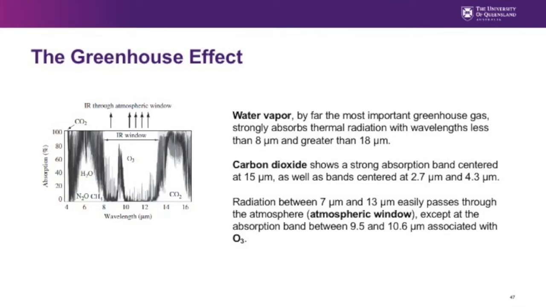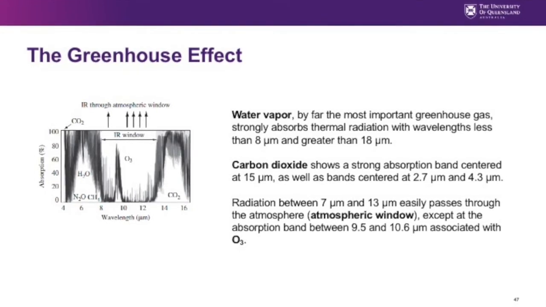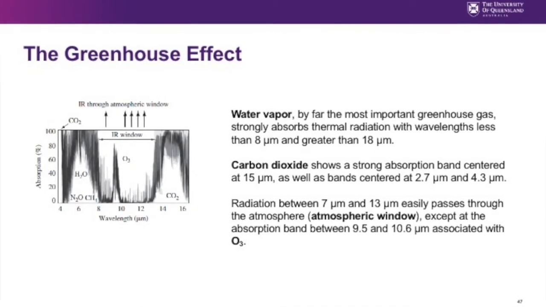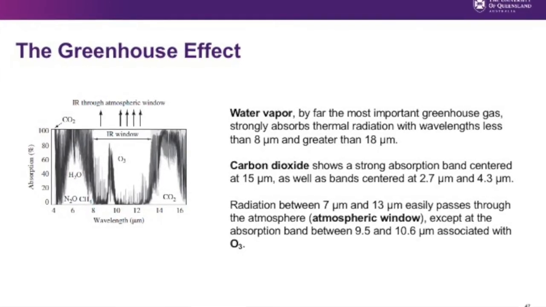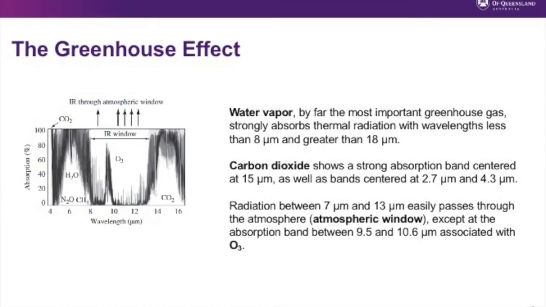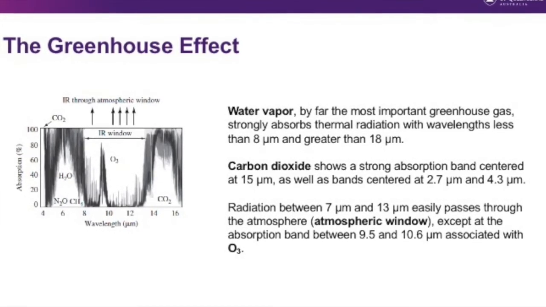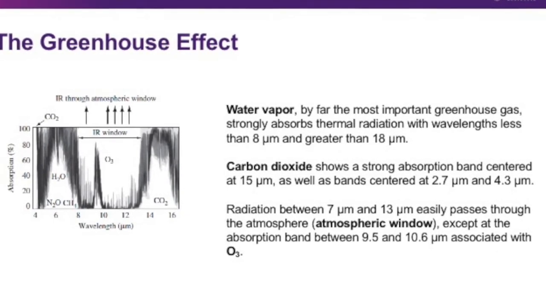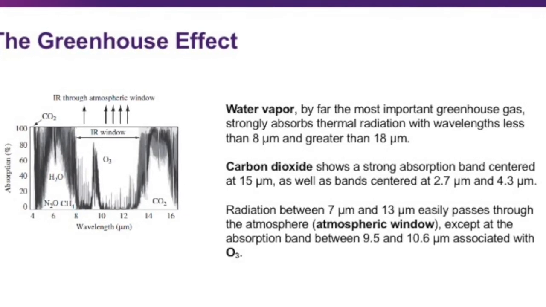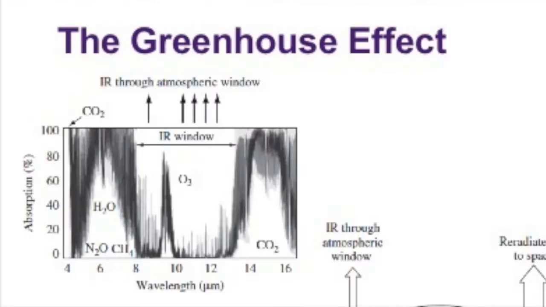Water vapor is by far the most important greenhouse gas. It strongly absorbs thermal radiation with wavelengths less than 8 micrometers and greater than 18 micrometers. And carbon dioxide, as you can see, also has a strong absorption band centered at 15 micrometers, as well as bands centered at 2.7 micrometers and 4.3 micrometers.